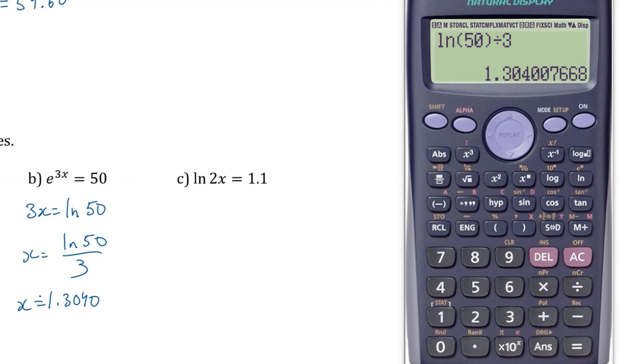And finally, if you want to go ahead and beat me to this one, go for it. So this is another one where I am going to rewrite in exponential form, and I end up with 2x equals, the base stays the same, so the base is e to the 1.1. So x is e to the 1.1 over 2.